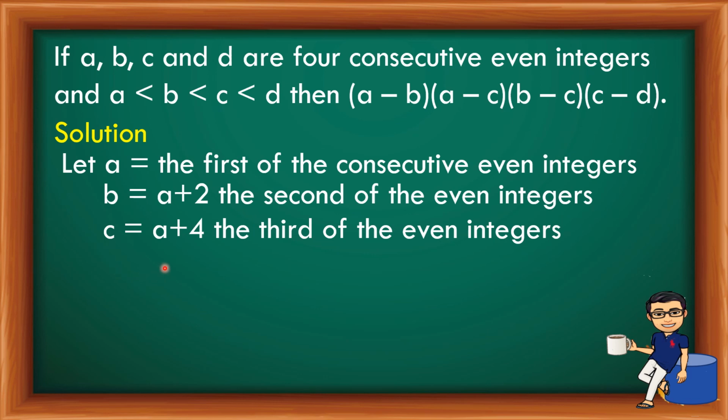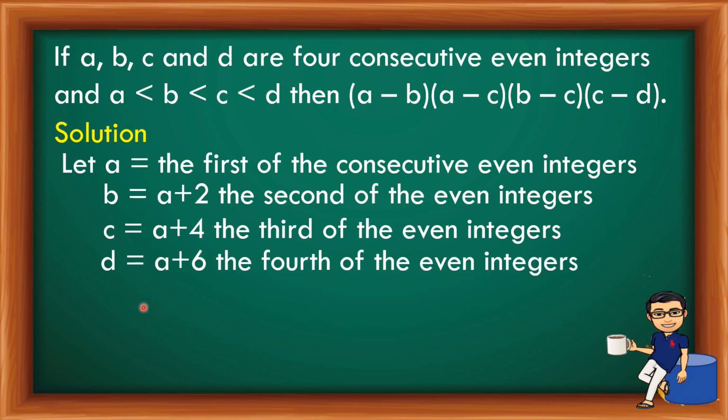Therefore, it will be represented by A plus 4. So if the second is A plus 2, then the third will be A plus 4. And the fourth even integer is D, so it will be represented by A plus 6. That's why we have this plus 2, plus 4, plus 6. And D is the fourth of the even integers.